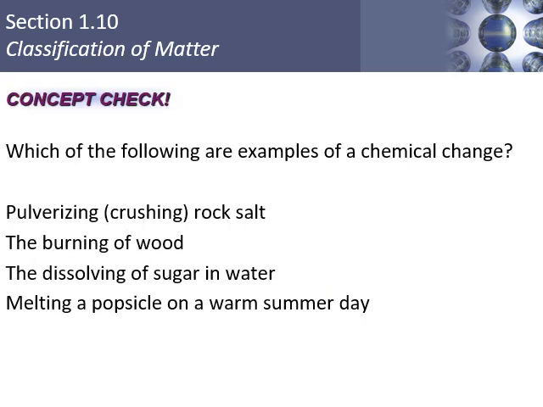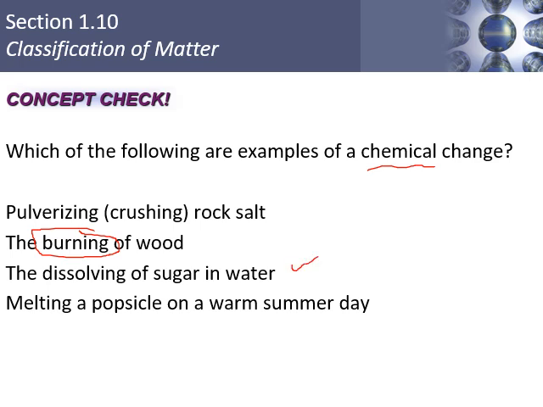Next slide. Which would be a chemical change? I'll give you a hint: look for burning. If they ask you this on a test, or if I ask you this on a test, look first of all for something that's burning, because anytime something burns, it's a chemical change. Do we see burning? Yeah, we do. Here it is in the second choice. So that's probably going to be our answer. In fact, it is our answer.